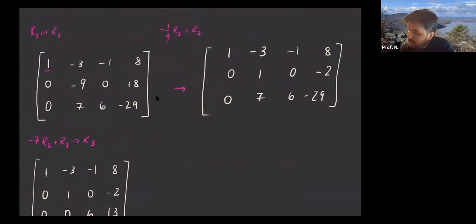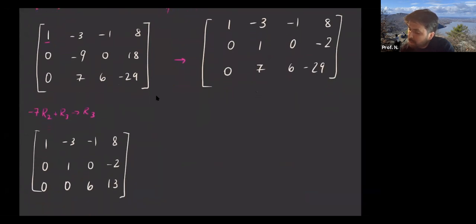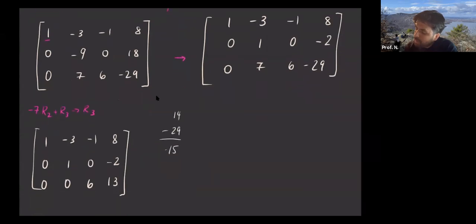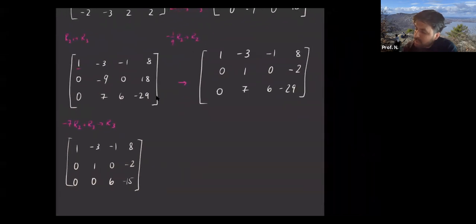This is -14, +14, pardon me. So this is +14. Wait a minute. Becomes +14 minus 29, right? So this becomes -15. So this is correct.